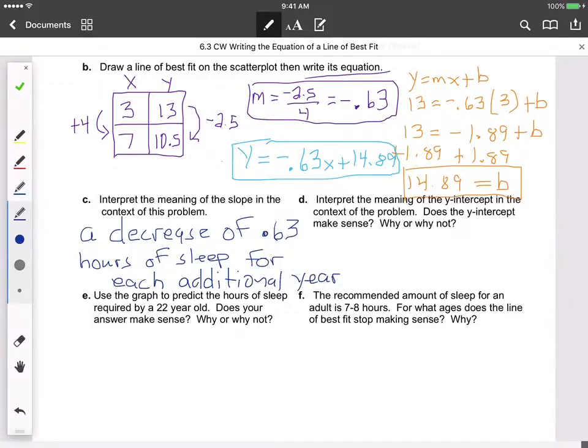Alright, so decrease of 0.63 hours of sleep for each additional year. So every year you get older, you should need about 0.63 less hours of sleep.